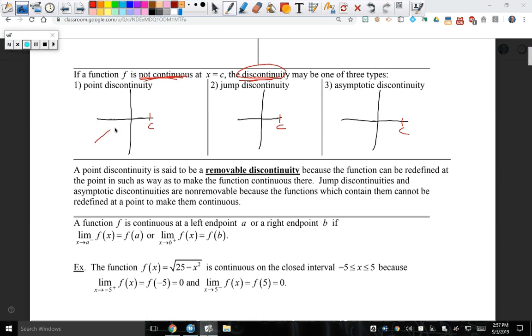A point discontinuity will look like this. A jump discontinuity can look like this, and one can be shaded in, or both. And then an asymptotic, we've already kind of looked at this, would be something that could look like this.